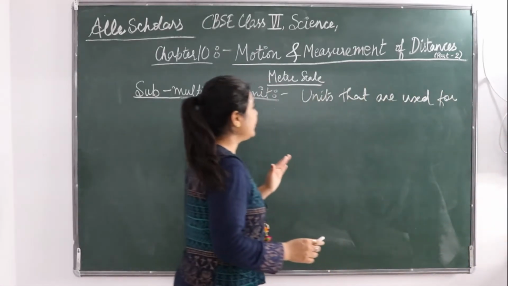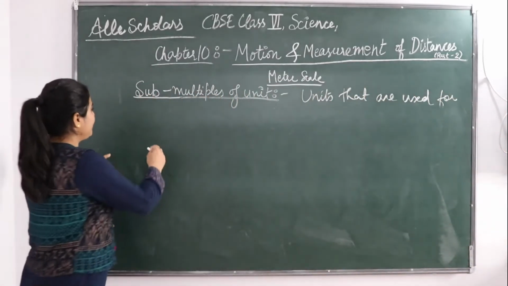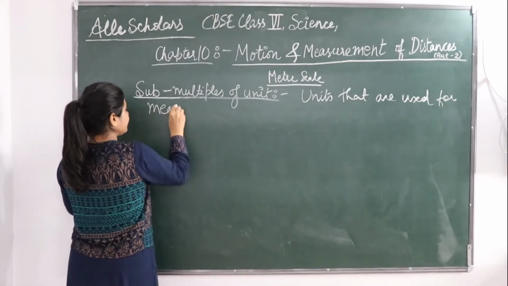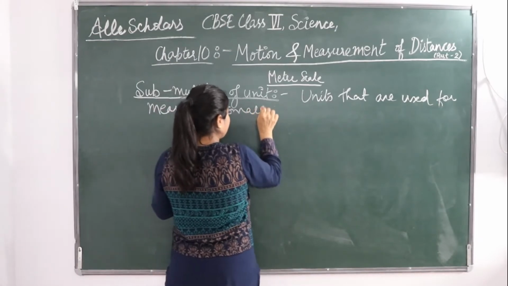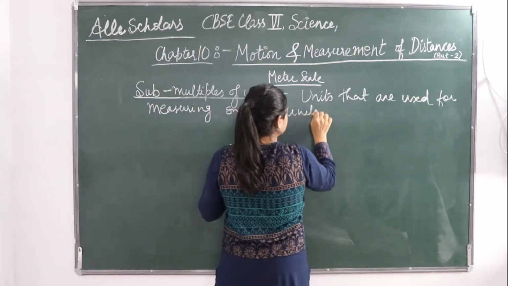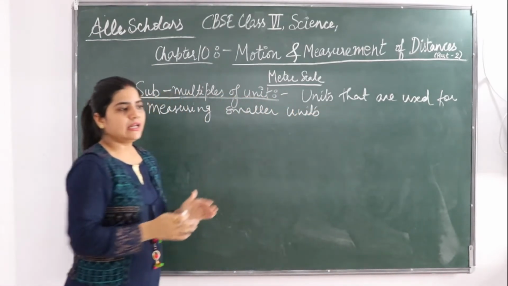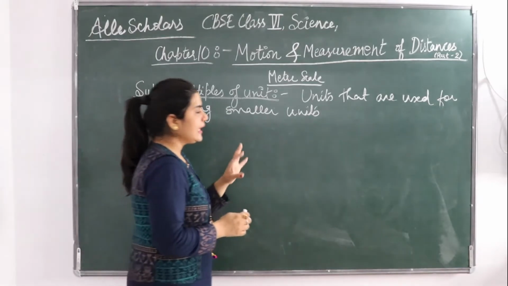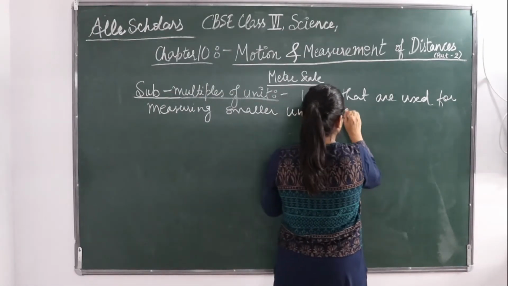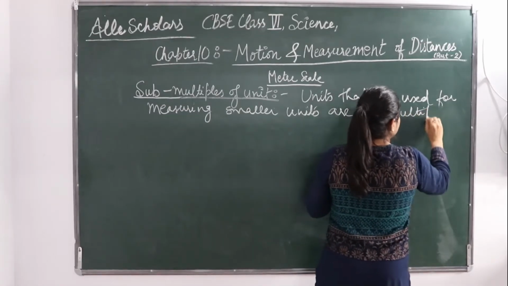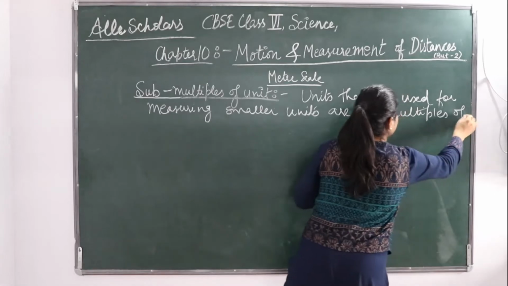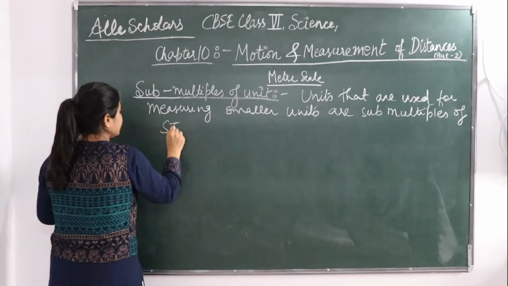Okay, so units used for measuring smaller units, smaller units के measurement के लिए they are sub multiples of SI units.